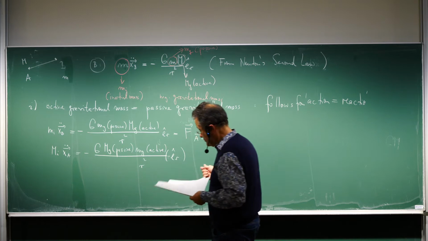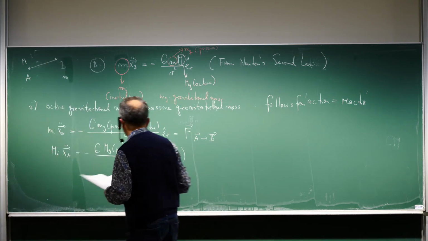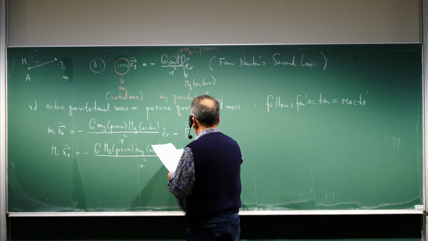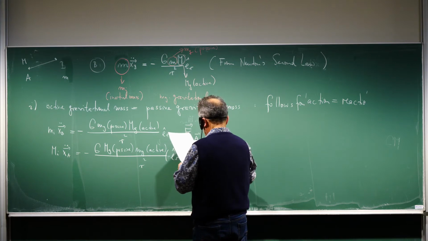It is in the other direction, of course. B goes in this direction and A goes, of course, in this direction. So you have here minus er, and this is F B on A.